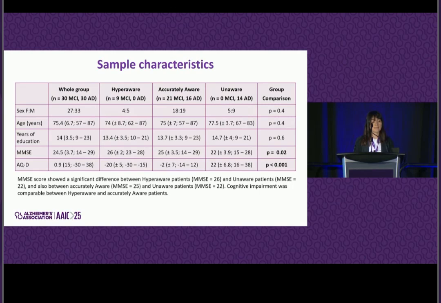As expected, they differed in AQD scores and also in Mini-Mental State Examination, global cognition. We found a significant difference between hyper-aware patients and unaware patients, and also between accurately aware and unaware patients, but we did not find a significant difference between hyper-aware and accurately aware patients.